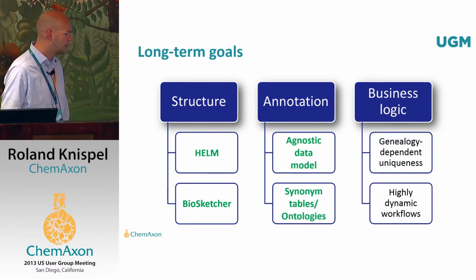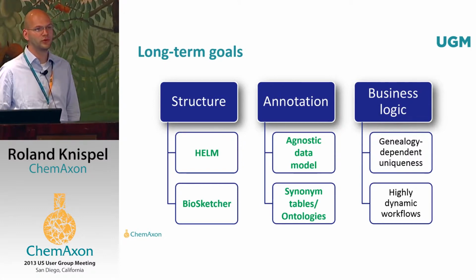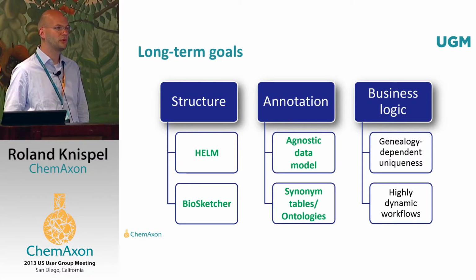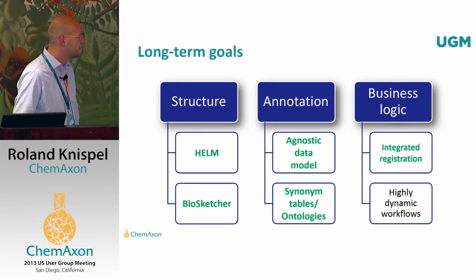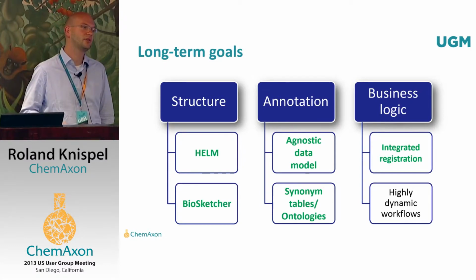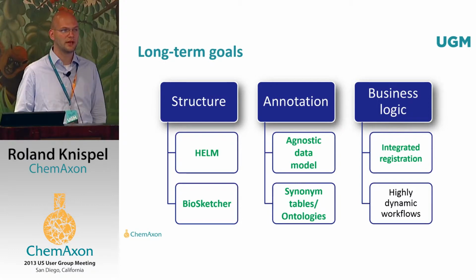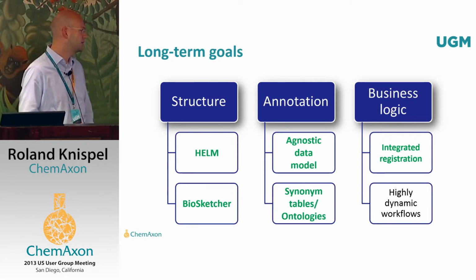Domain-dependent annotations essentially are being addressed by the use of ontologies, which in the easiest case can come down to something like simple synonym tables. On the business logic side, the integrated registration approach, which I've shown to you in the initial slide, is essentially what we imagine would be able to address these challenges.